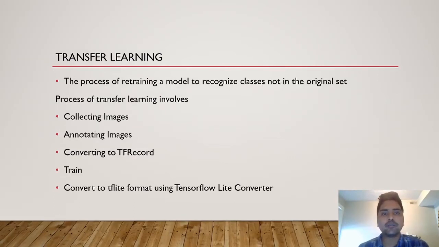Transfer learning is another important concept that I want to explain. When you're working with deep learning and image data, you generally require lots of images, not just hundreds, it might require 500 or 600.